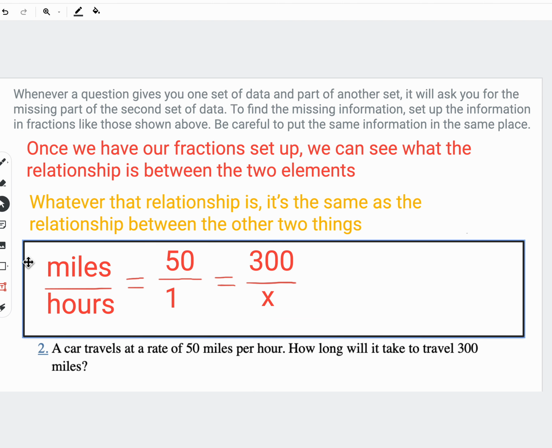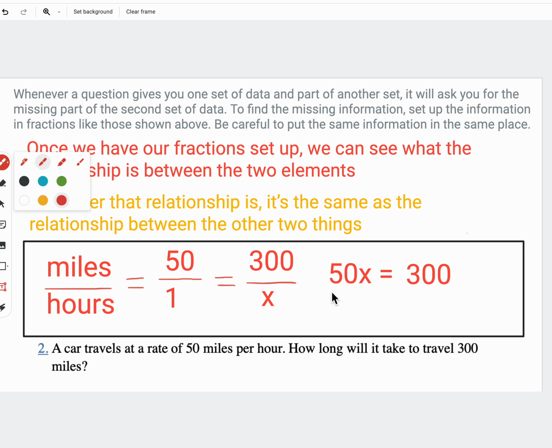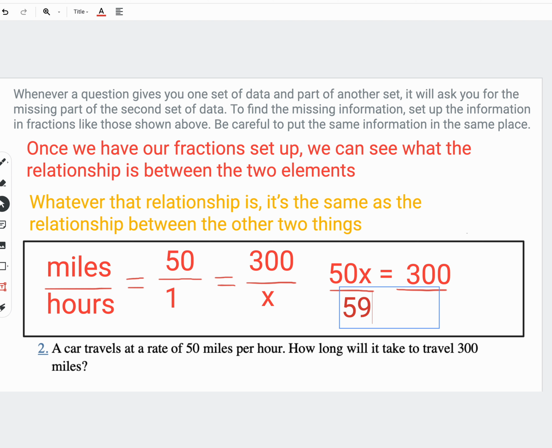Now we can cross multiply. 50 times x is 50x. 50x equals 300 times 1, 300. Let's divide both sides by 50 to get x by itself. This will cancel our 50 on the left side of the equation.